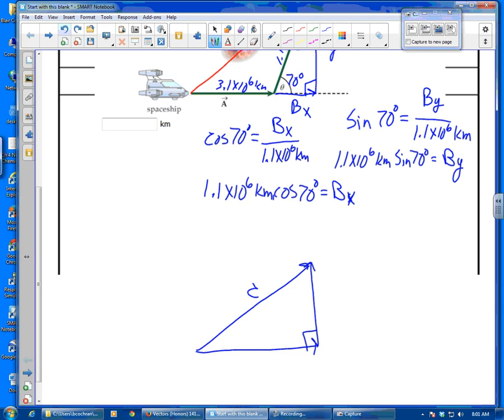Yep, and then now I'm going to put these into one big triangle. So my vertical here is B sub y, which is 1.1 times 10 to the 6th kilometers sine 70 degrees.